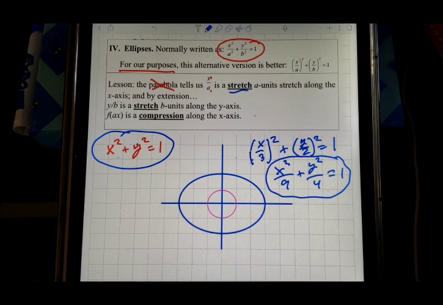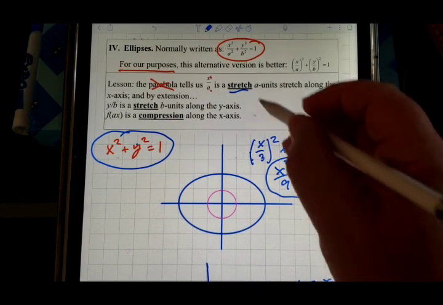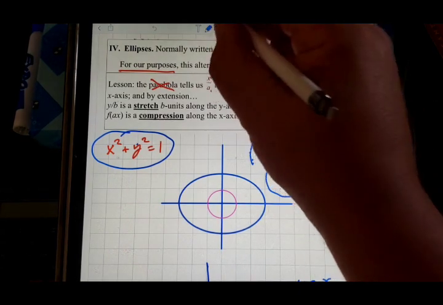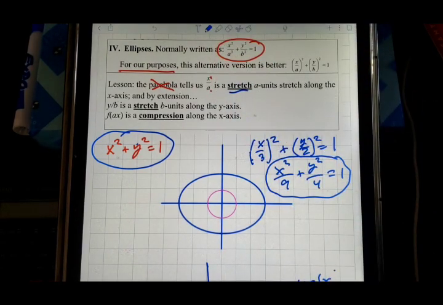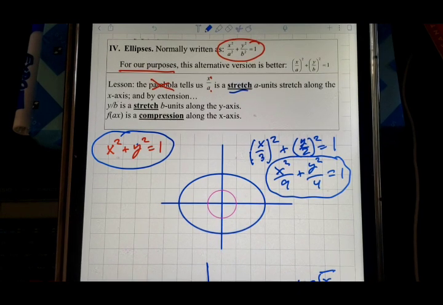So what's the difference between y equals square root of x versus y equals square root of x over 2.